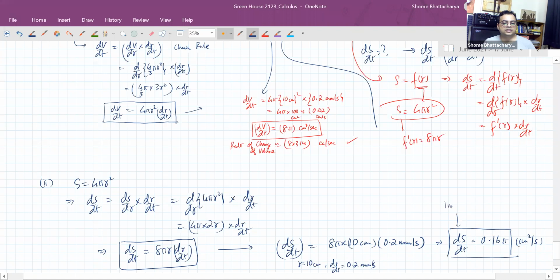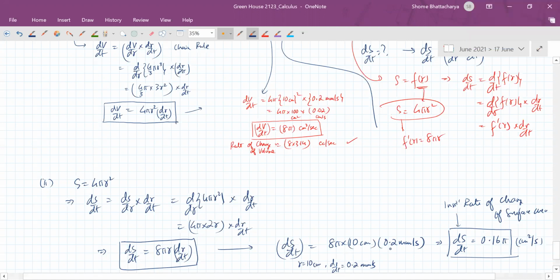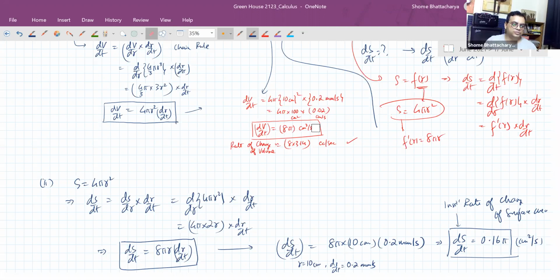This will be the instantaneous rate of change of surface area. Or is it 1.65? Yes, sir. 1.65.